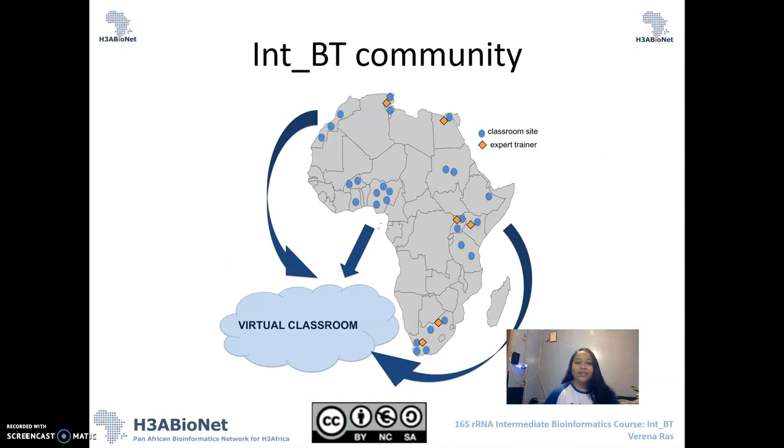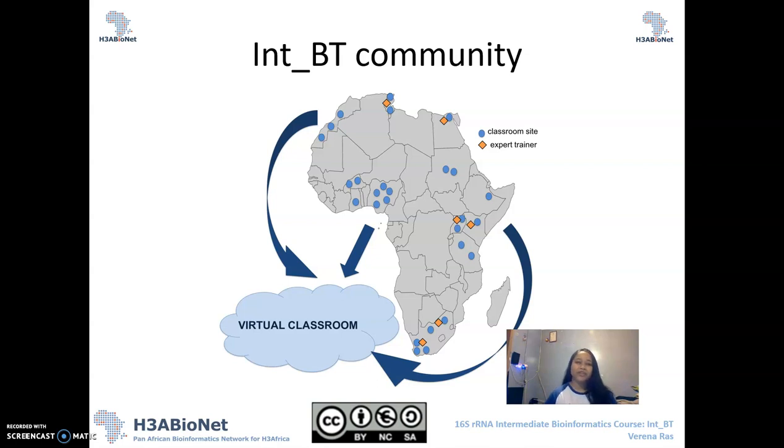So the intermediate bioinformatics training community spans, well, the whole of Africa. This is not a true reflection of where your classrooms are located. This is a little map that I stole from IBT, from some of our slides over there. Once we run the course this year, I'll be able to plot a little map for us as well, much like this one.